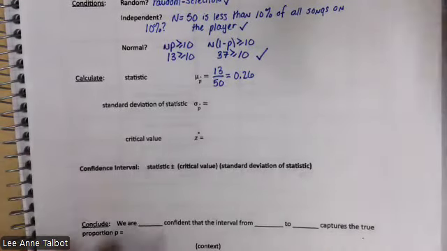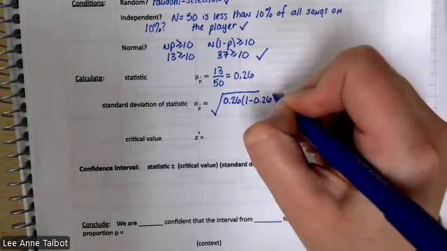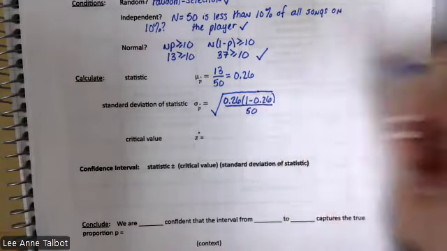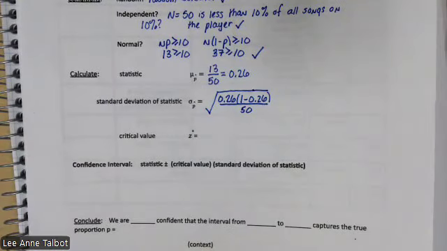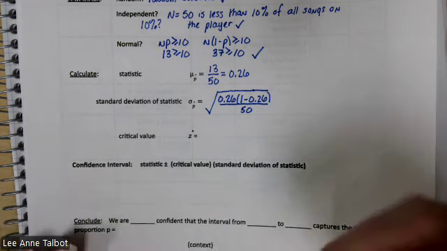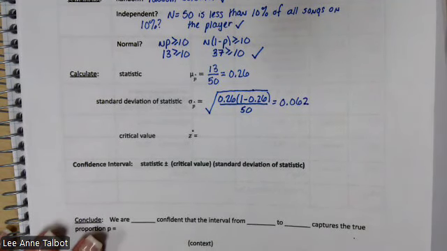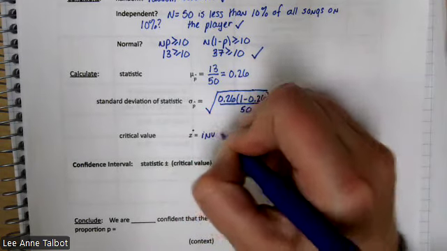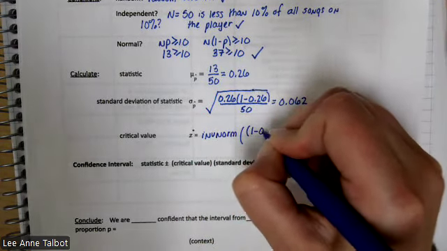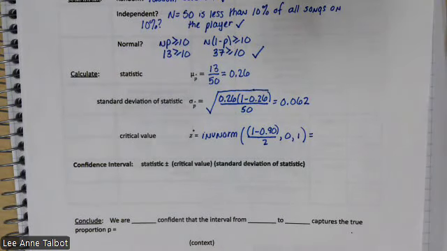Standard deviation of the statistic: square root of 0.26 times 1 minus 0.26, over 50. Okay, do you still have it in your calculator? Are you lucky?